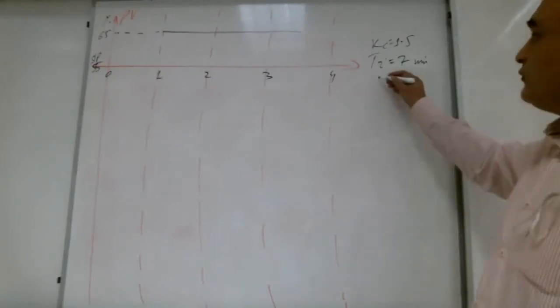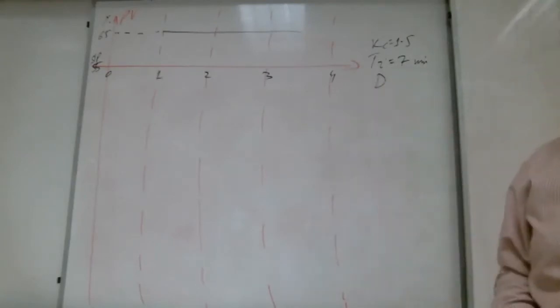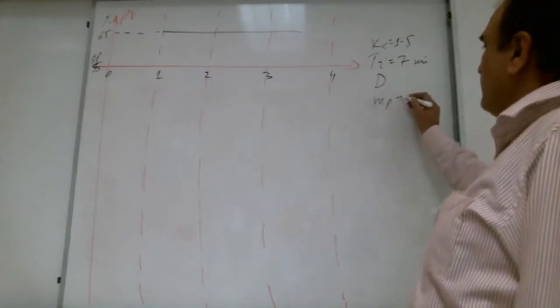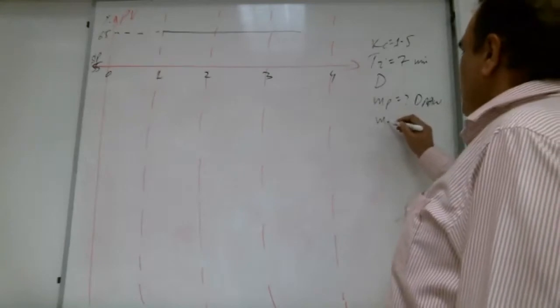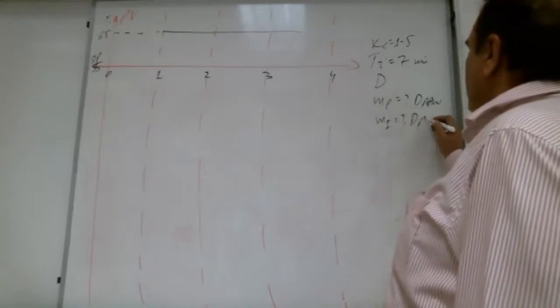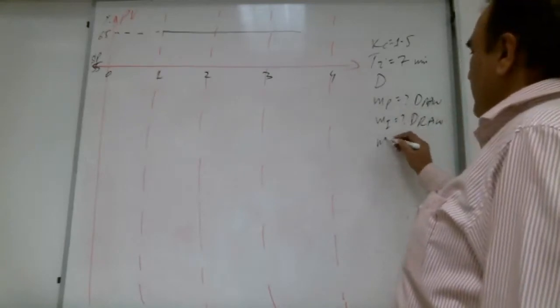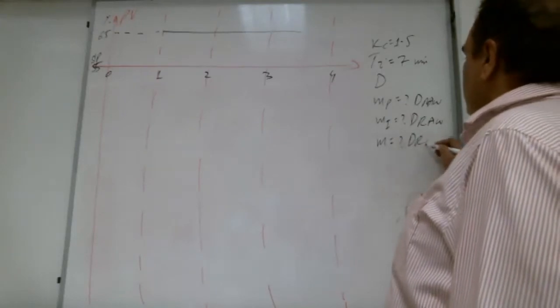Action is direct. Find MP and draw. Find MI and draw. And then find M and draw.